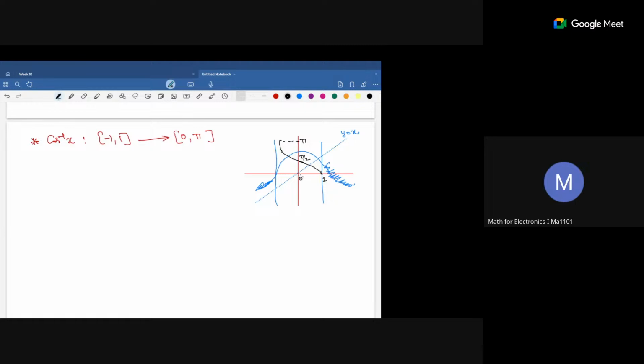So this is 1, this is 0, and this is -1. And you just erase all the unwanted parts. Okay. So most of you know how to plot this. But if you are confused how cos inverse x, sin inverse x look like, then you can follow this method.